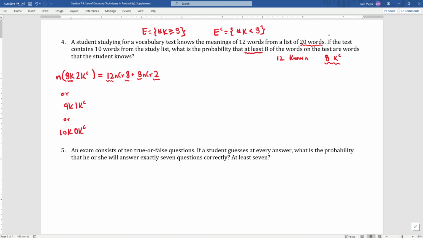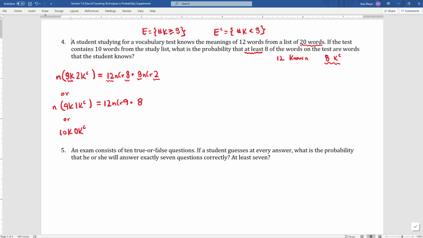All right, for the number of ways to have 9 known words and 1 unknown word on the test, let's see. From the 12 known words, I have to select 9. That's the whole point, 9 known words. And then for the unknown, from the 8 words, I just have to pick 1.